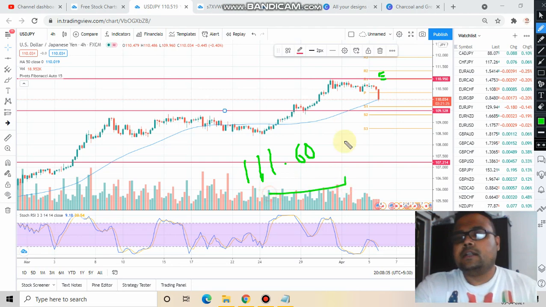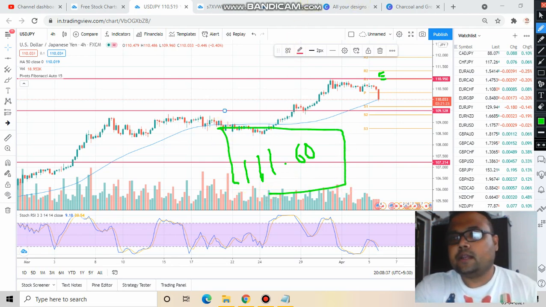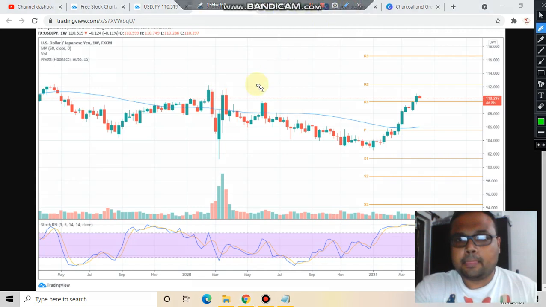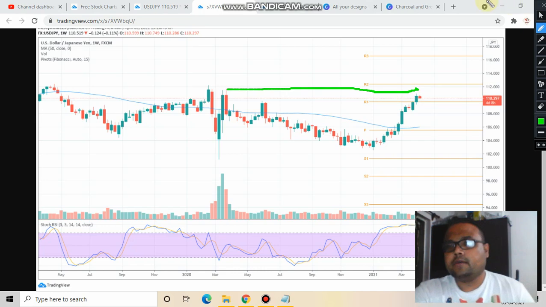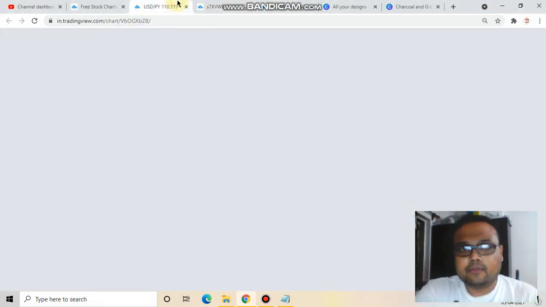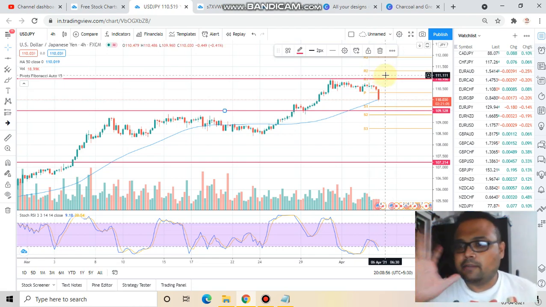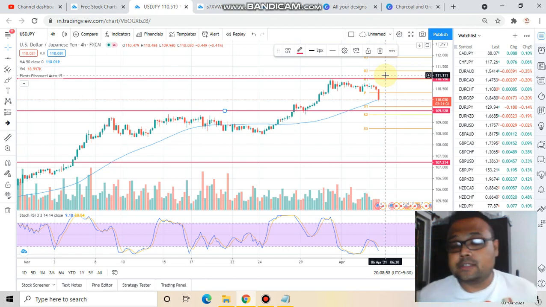This level is also very important in the weekly chart. Let me show you. This is the level, 111.62. Therefore you should be very careful if you buy above this line. In case you buy above this line, then 111.60 is your target.